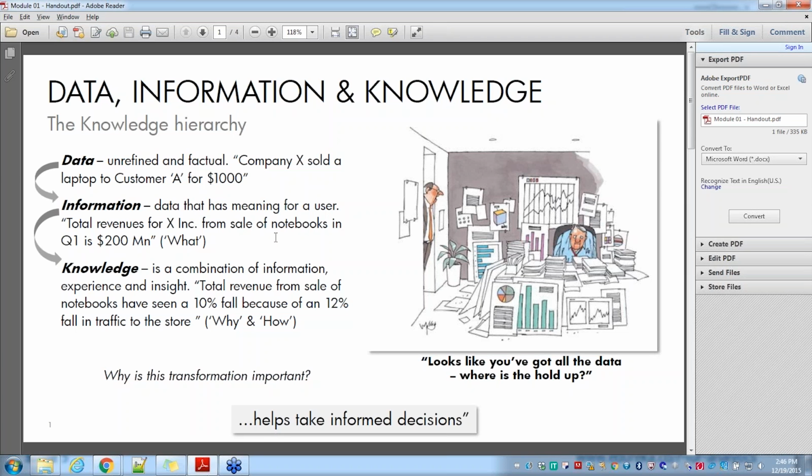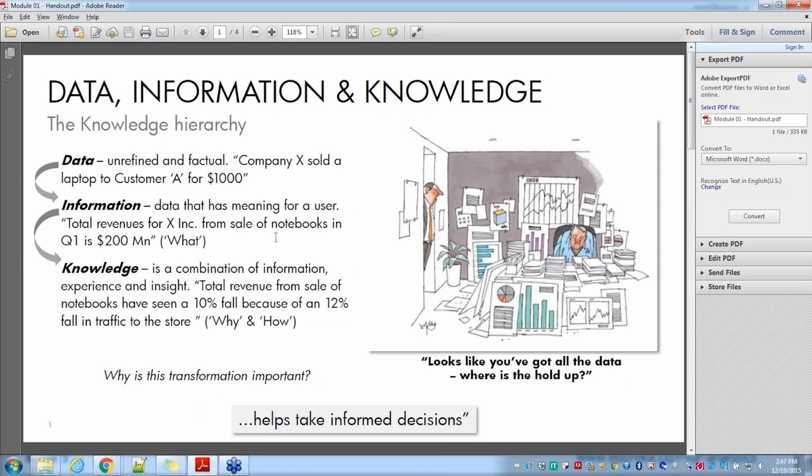But if you were to aggregate such diverse pieces of data across several, quote unquote, transactions, all of this becomes information, and this will have a meaning that it conveys. So if I were to say the total revenues for X Incorporation from the sale of notebooks in quarter 1 is 200 million, this is a lot more contextual, more qualified, and more meaningful than the previous example I cited in the context of data, right?